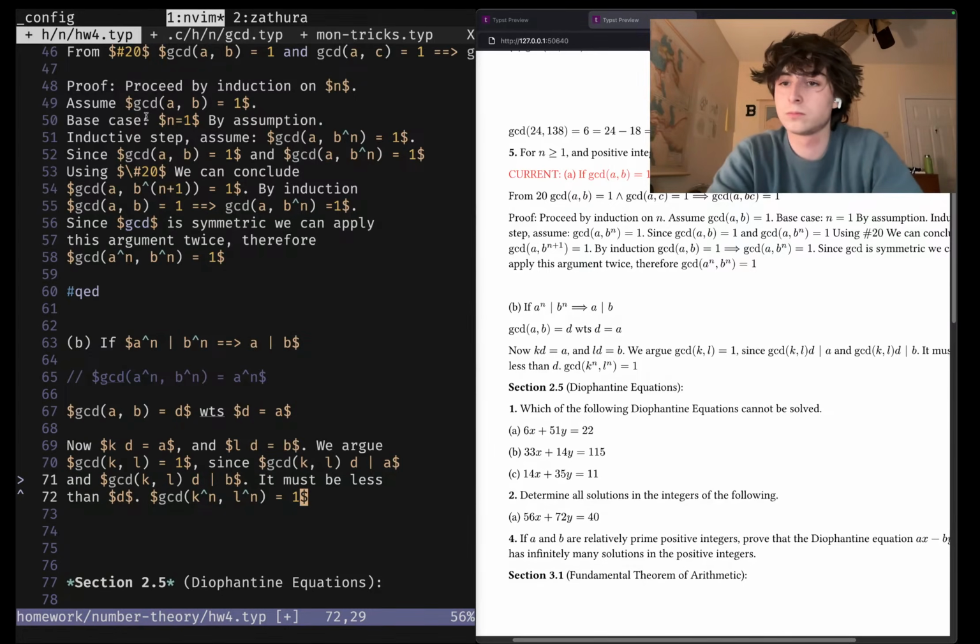So if we have that a to the n divides b to the n, we can write a to the n times some integer r is b to the n.